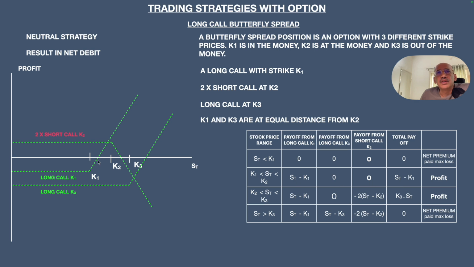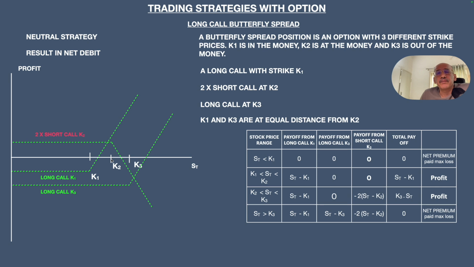Now let us assume the price comes between K2 and K3. When the price is between K2 and K3, the long call K1 keeps gaining, as a result of which you will have a positive side, that is ST minus K1.